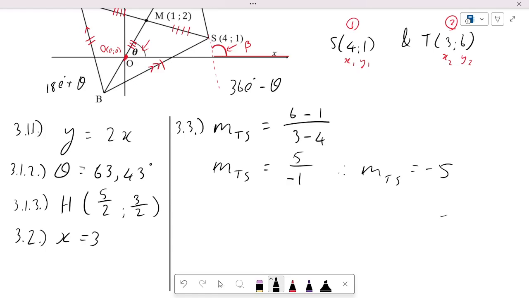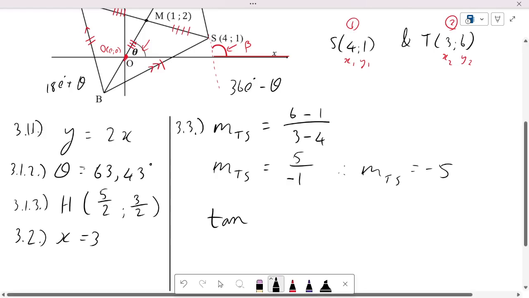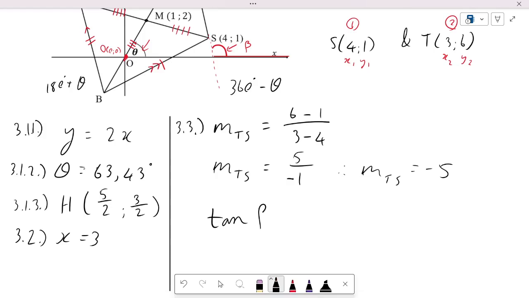And now from this point, we can find our beta. Because we subtended this new line, we can take the tan of our beta, which is equal to that gradient that we determined.